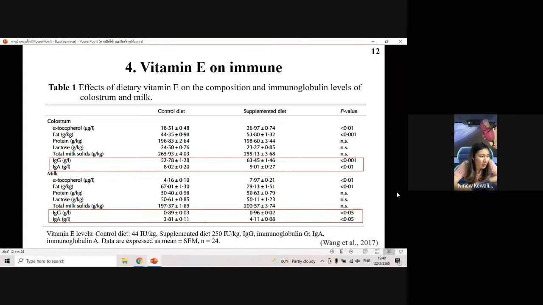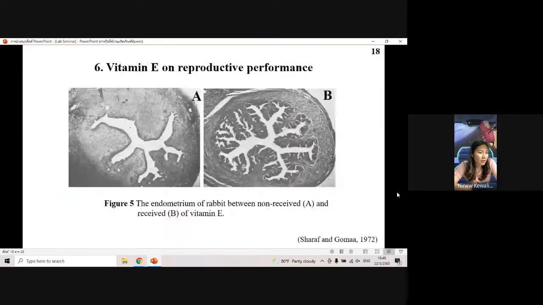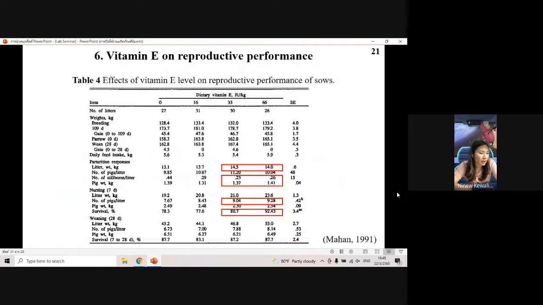From this one, the vitamin E group has higher IgG and IgA. I think it can transfer more of the vitamin E to the piglet. And in my opinion, I think it can enhance some benefit to the piglet, but for this experiment, they didn't show the weaning pig number, but in this one is another research.